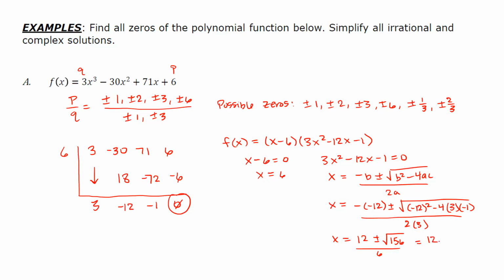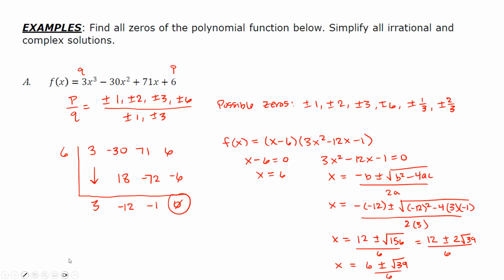Simplifying, we get 12 plus or minus 2 square root 39 over 6. I can divide each of the numbers or terms by 2. And I would get 6 plus or minus the square root of 39 over 3.